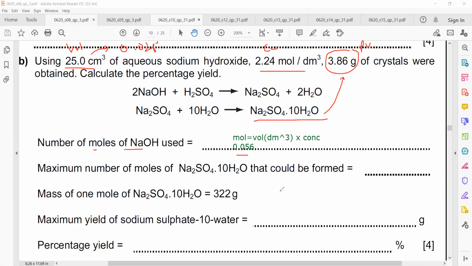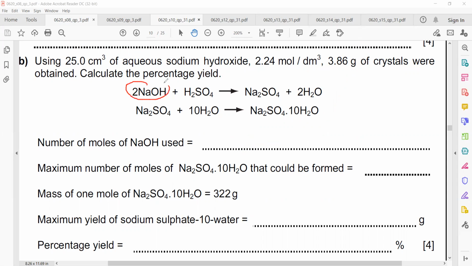Then, maximum number of moles of sodium sulfate dot 10 H2O. Now how to get this? Look, we have the moles of sodium hydroxide which were 0.056, but they are asking for hydrated sodium sulfate. So first, using sodium hydroxide, we'll find the moles of sodium sulfate. We do that by using a ratio.